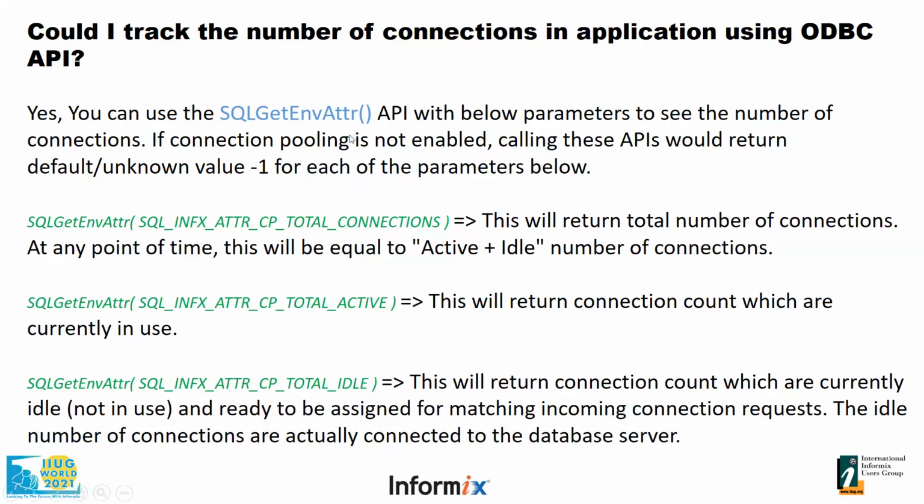If connection pooling is disabled and you call these APIs, by default it will return a value of -1, as connection pooling is disabled. Idle connection means the connection is idle, but the actual physical connection to the database server is still present.